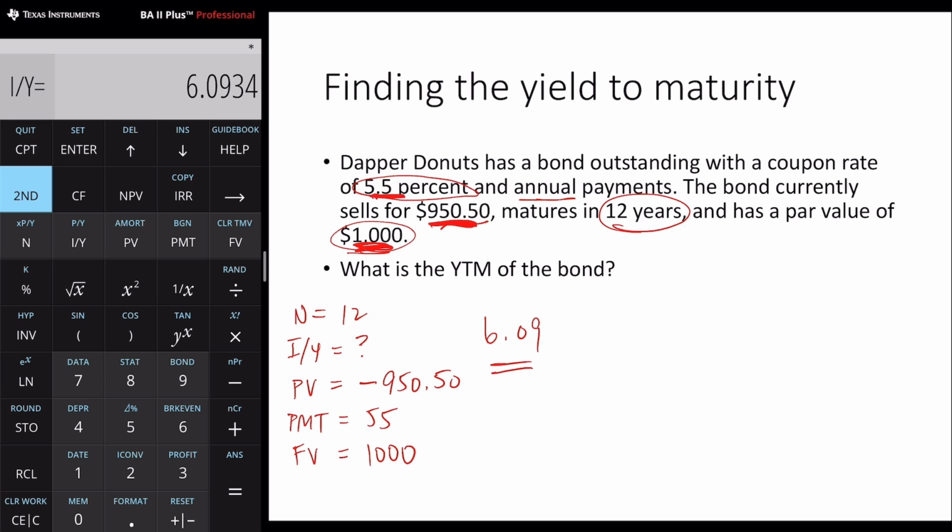So if I increase the price, I'm going to lower the yield. Or if I lower the price, I'm going to increase the yield. So if I lower the price from 1,000, I'm going to increase the yield from 5.5%. So that's why we found the answer to be 6.09%, which is greater than 5.5%. And it makes sense because the price is less than 1,000.